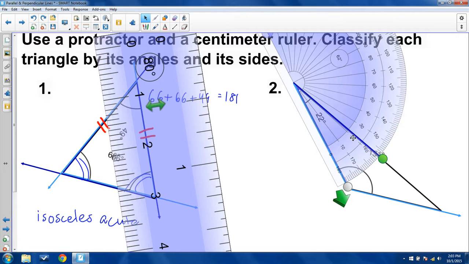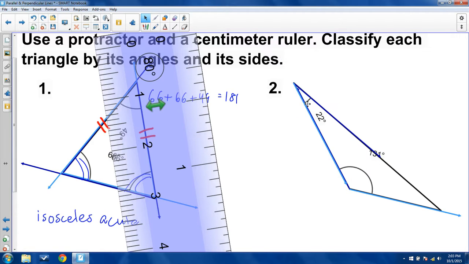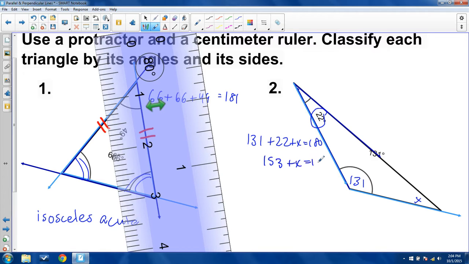So let's place that there. Now I'm going to eliminate the protractor. Let's talk about how to get that third angle one more time. So if this is 22, and this is 131, and this is x, then 131 plus 22 plus x equals 180 degrees. 131 plus 22 is 153. 153 plus x is 180. So x will be about 27.